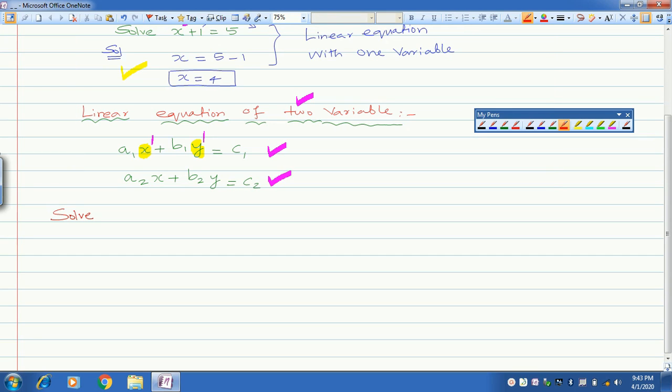Here we have 6x plus 5y is equal 1 and x minus 3y is equal 4. So I have to solve this equation. So how will you solve this?